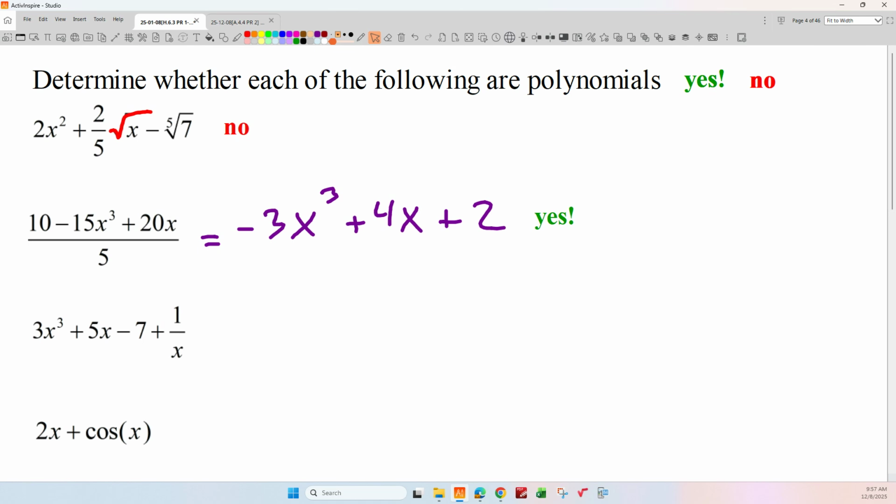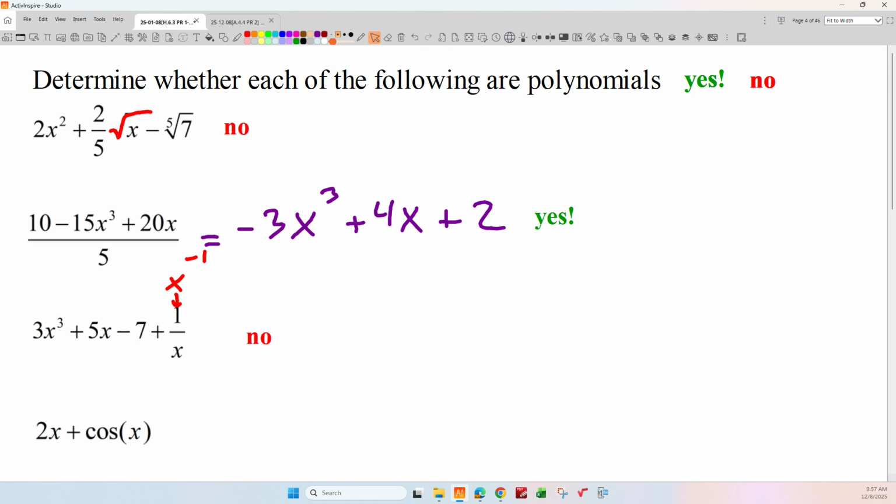Yeah, and what do we know about the exponents in a polynomial? They can't be negative. They have to be whole numbers, so 0 or positive integers, right? Because that's the same thing as x to the -1, that one is a no.